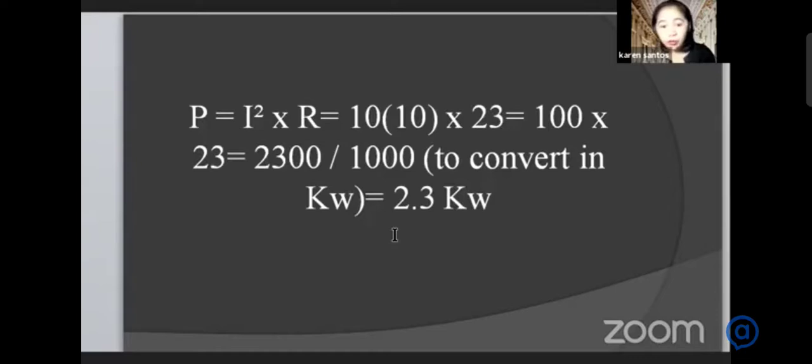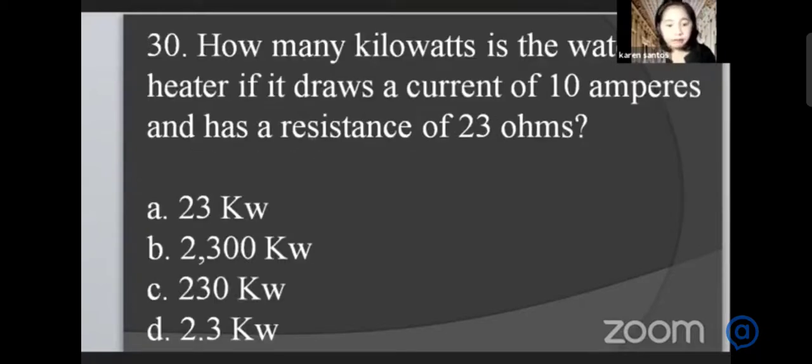To convert it, we divide by 1,000. So 2,300 divided by 1,000 is equal to 2.3 kilowatts. So the correct answer in number 30, how many kilowatts in the water heater if it draws a current of 10 amperes and has a resistance of 23 ohms, is letter D, 2.3 kilowatts.